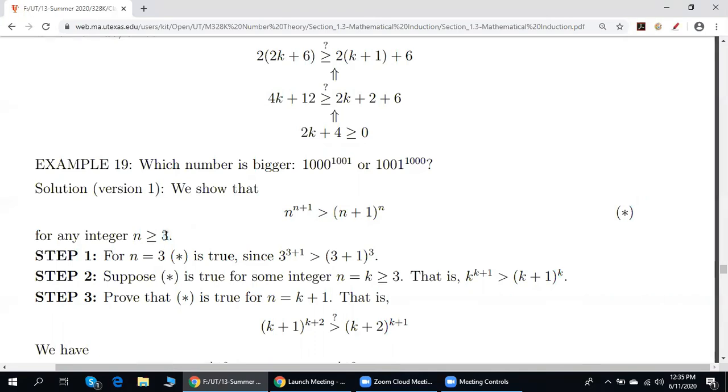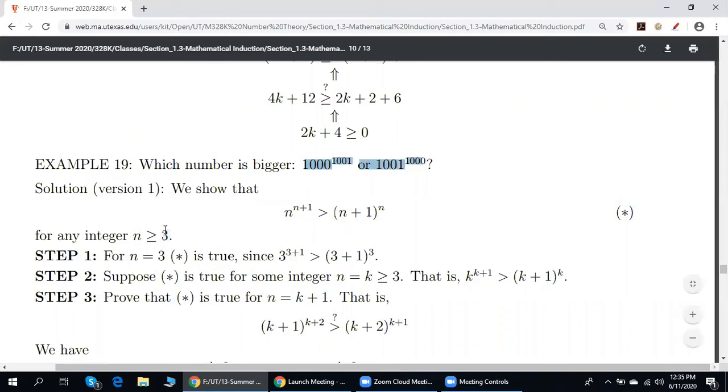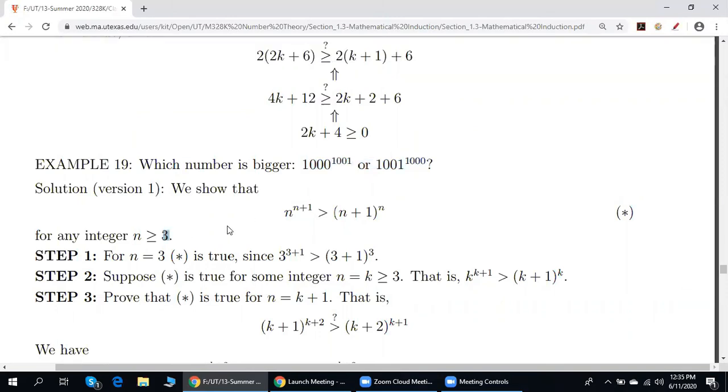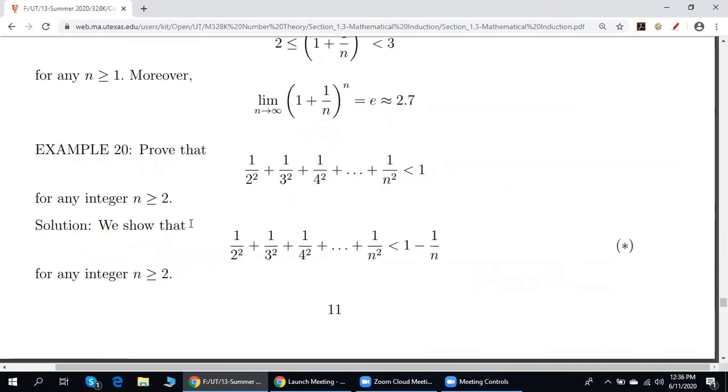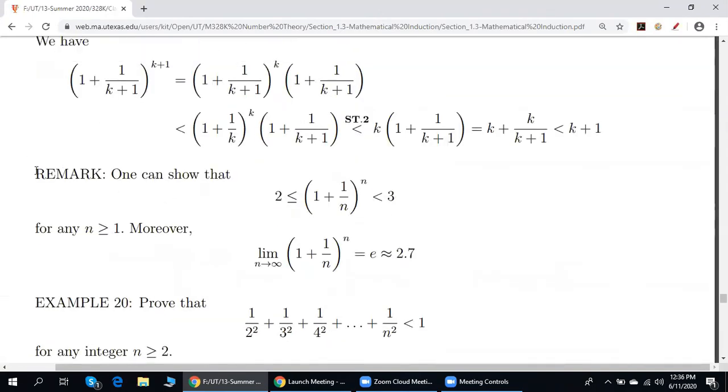I put here 3 because even if you put here, say, 6, it is not so easy to do computations. You have to raise 6 to the 7th power. But once again, in order to solve this problem, you do not have to put here the smallest possible integer. Did I answer the question? Yes, thank you. By the way, you can take a look at this remark at home.